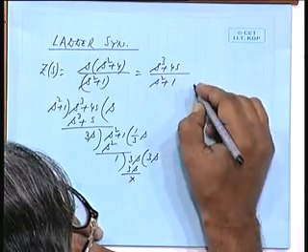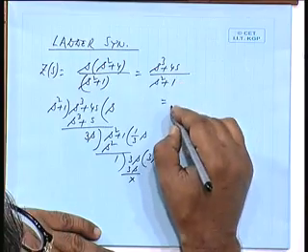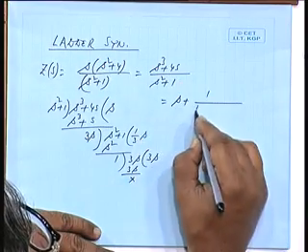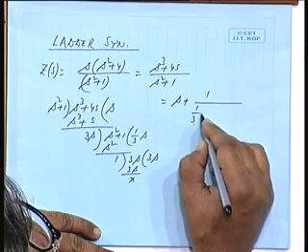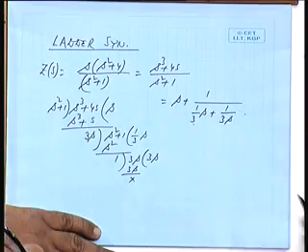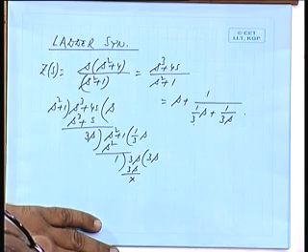So this function can be written as s plus 1 by (1/3 s plus 1 by 3s).